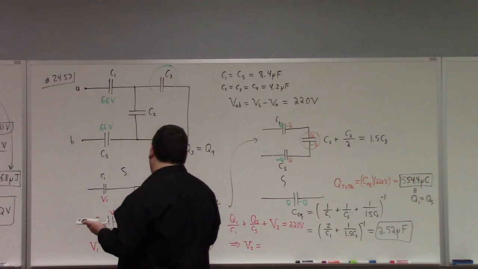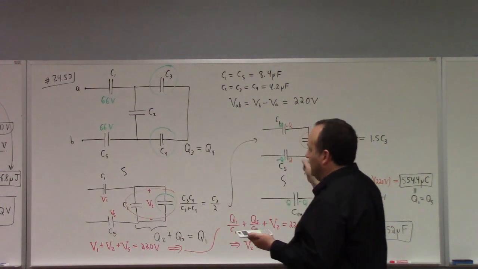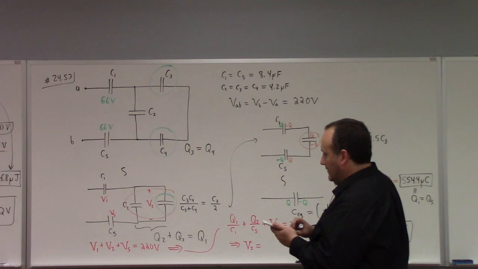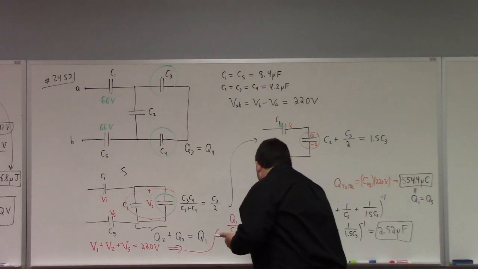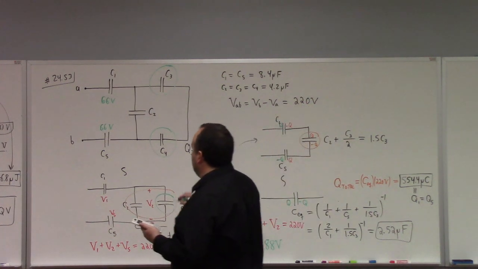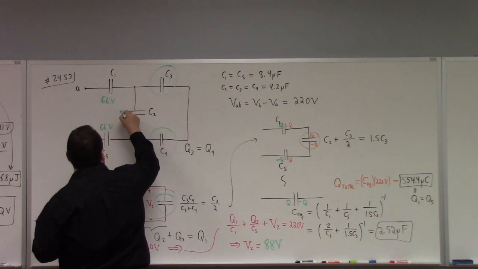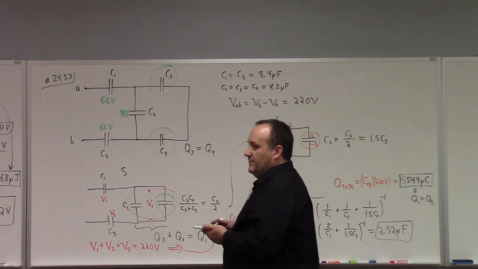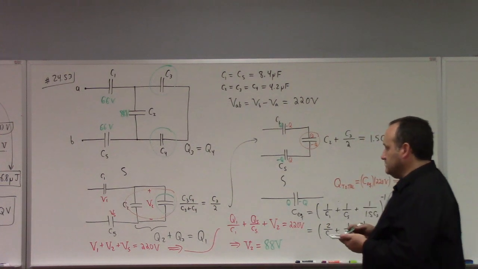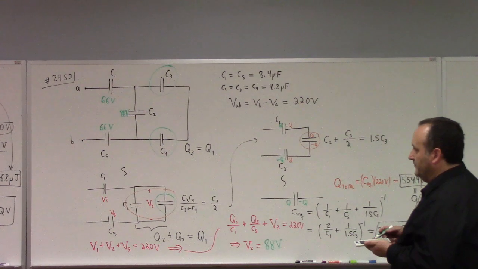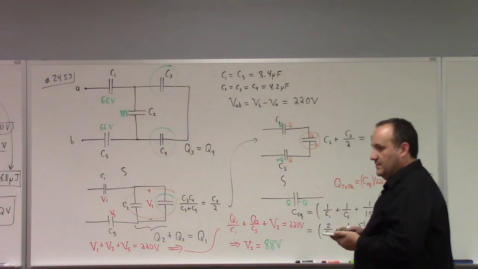If that's the case, I take my 220 minus 2 times 66. This gives me 88 volts for my V2. So V2 is 88 volts. Now that I know that, I can figure out what Q2 is.